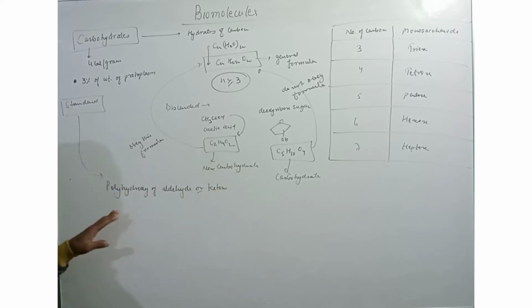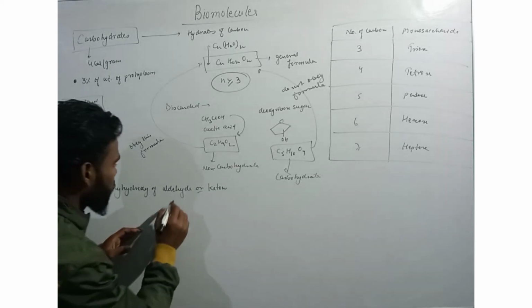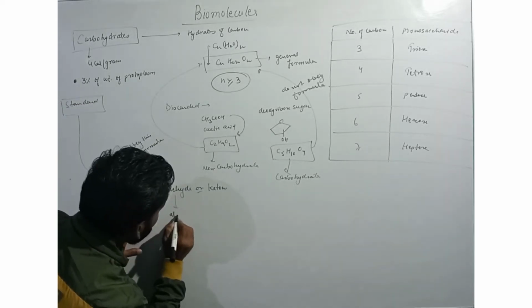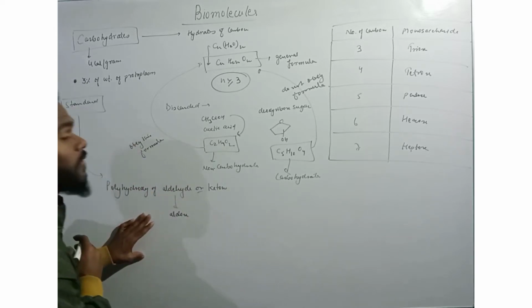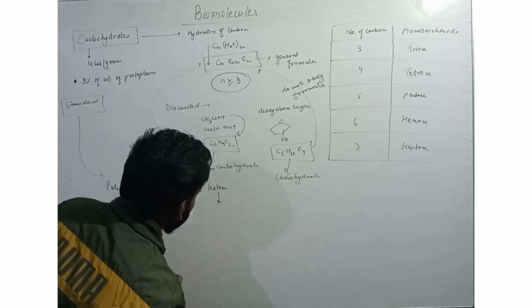Please do remember, if the polyhydroxy group contains an aldehyde, then it is called aldose, and if it contains a polyhydroxy group with a ketone group, then it is called ketose.